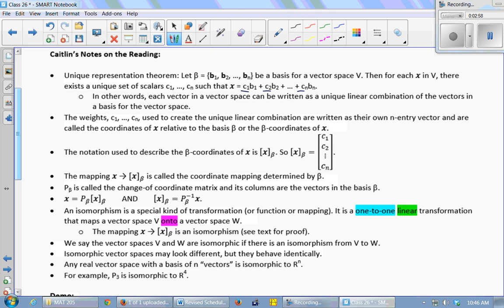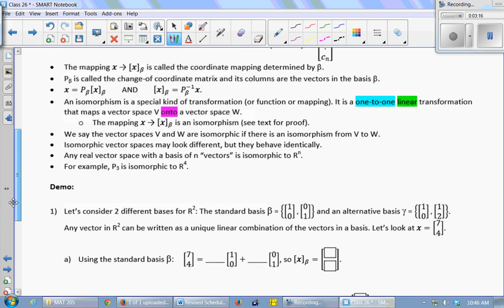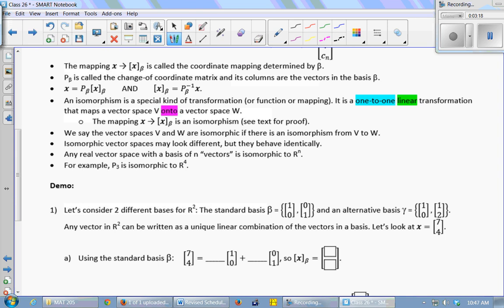The notation used to describe the beta coordinates of x is x in square brackets with a sub beta, and it represents the column vector of the weights that you used to build x from the basis beta. We call the mapping x goes to the coordinates of x the coordinate mapping determined by beta. P sub beta is called the change of coordinate matrix.